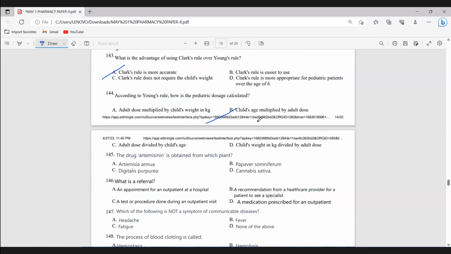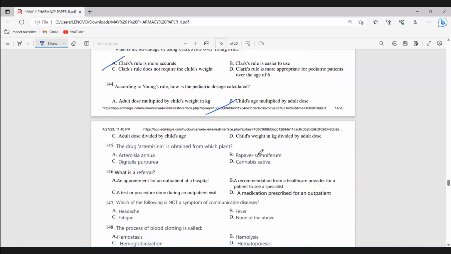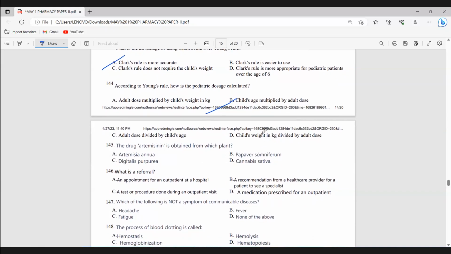Child age multiplied by adult dose. B would be correct.